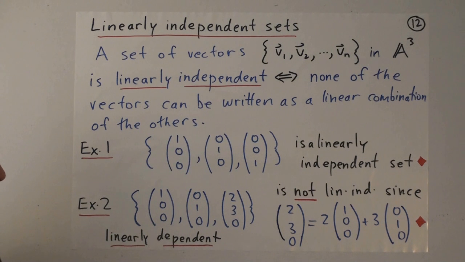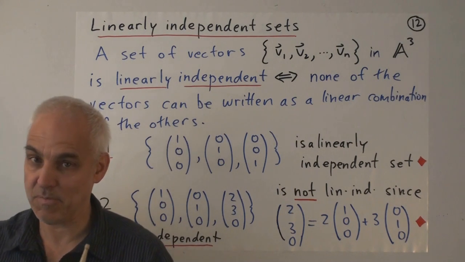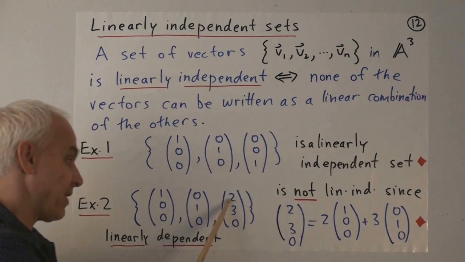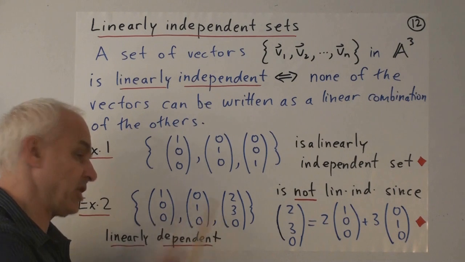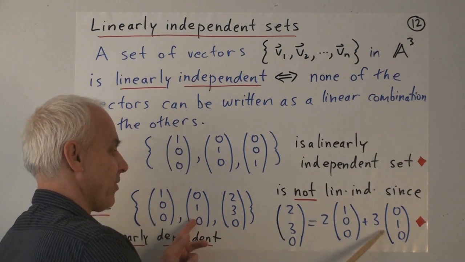How about this example? Here we have the vectors (1, 0, 0), (0, 1, 0), and (2, 3, 0). Well, this is not a linearly independent set because this vector here can be written as a linear combination of those 2. It can be written as 2 times this one plus 3 times this one.